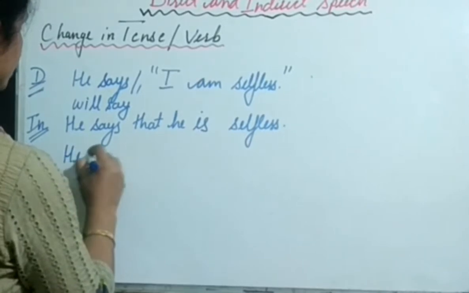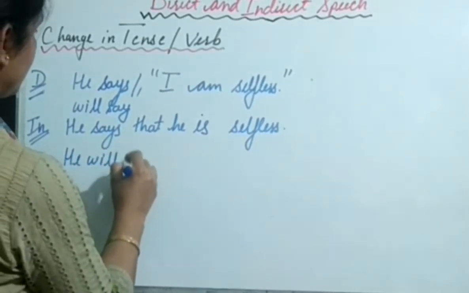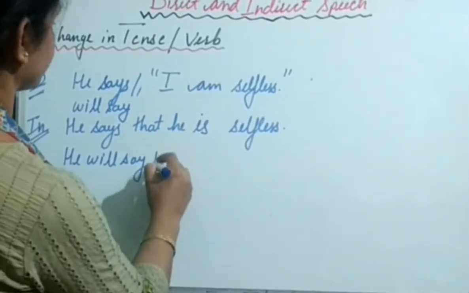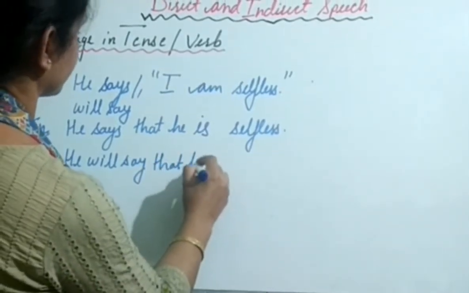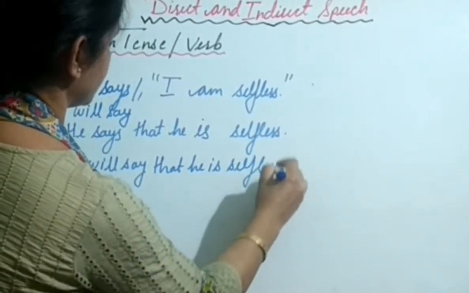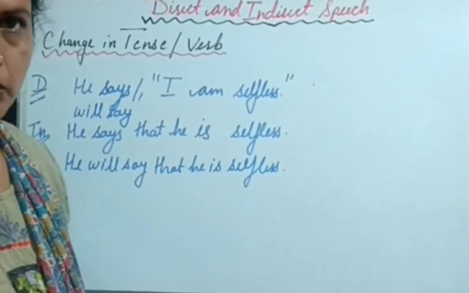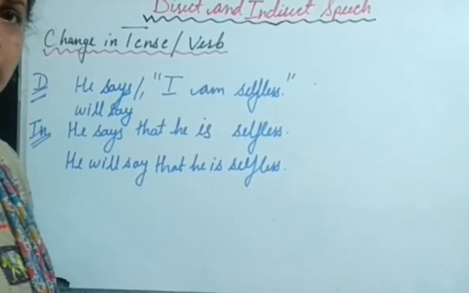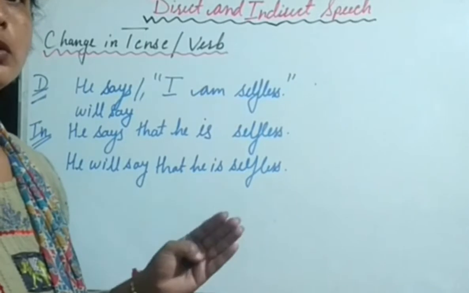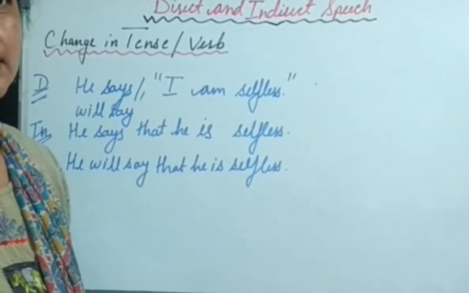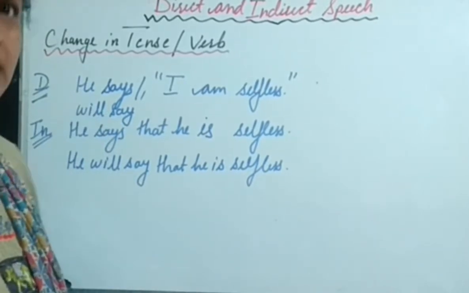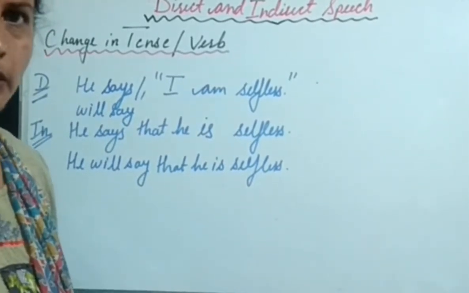It will be he will say that he is selfless. Again, there is no change. So changes take place in reported speech only when the reporting verb is in past tense. So children, this we are going to discuss in detail in the next video lecture.